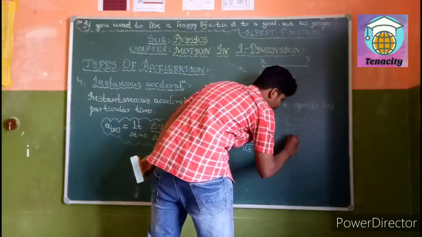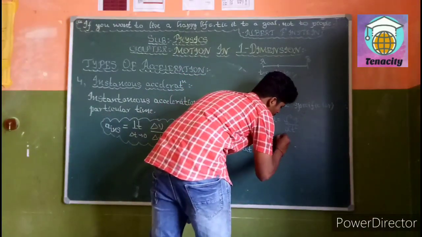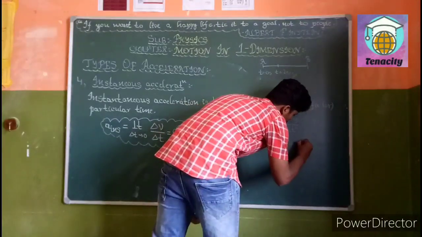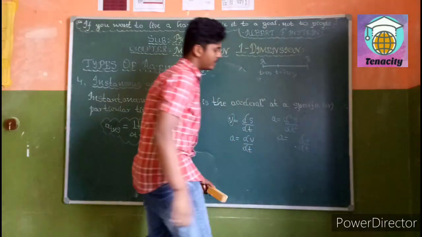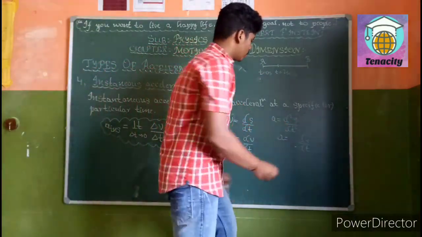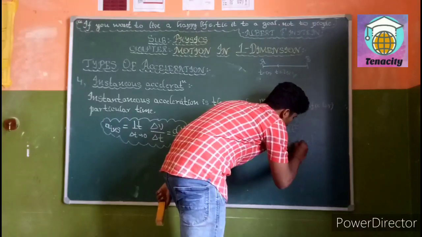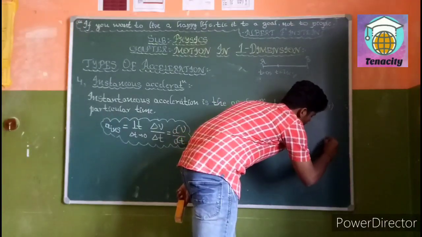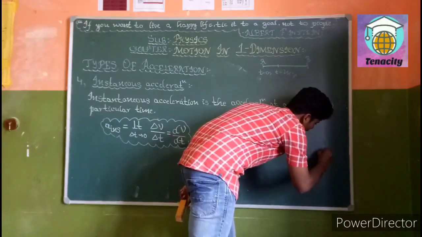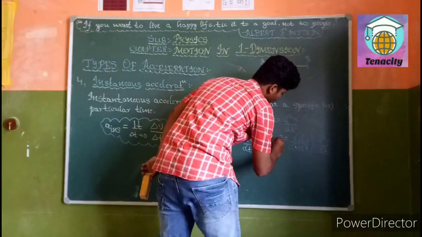You consider ds by dt to be velocity now, so you are differentiating velocity with respect to time. That gives d square s by dt square. So this is important.